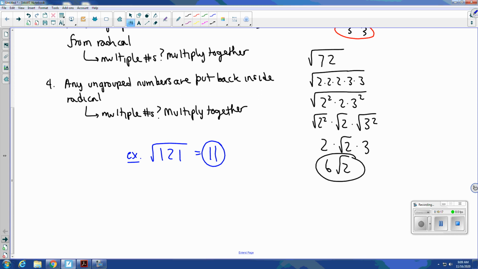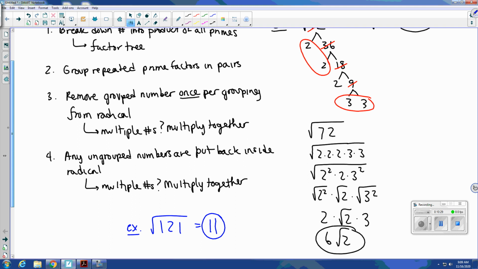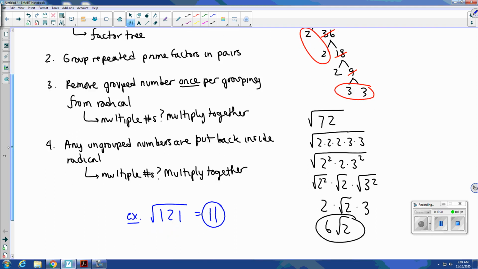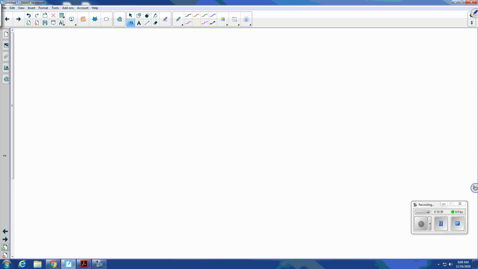Now, if I forgot to do that and I did this process correctly, I would still reach the conclusion that this thing should equal 11. But it is a time saver if we immediately check before we start this process, is the number I'm dealing with a perfect square? Now, speaking of perfect squares, that will bring us to method or option 2.